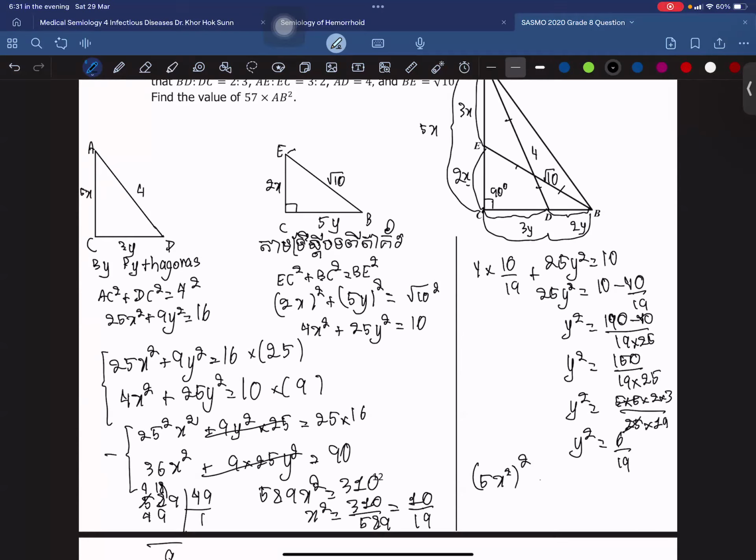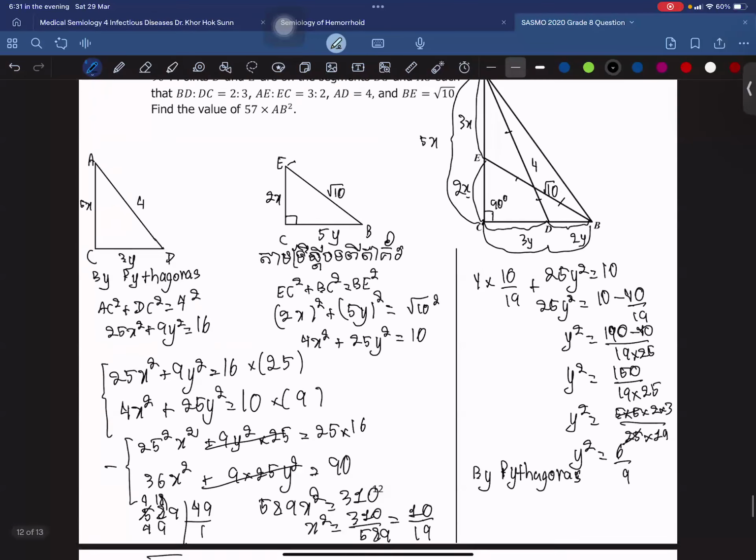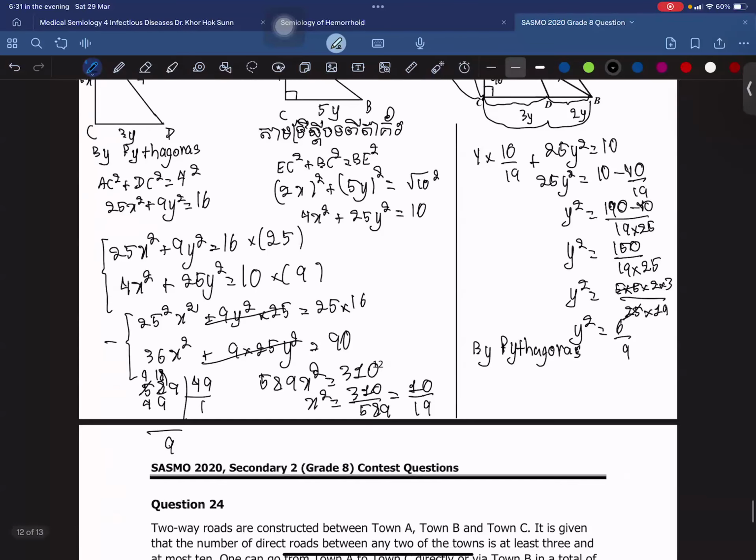According to Pythagoras, AC squared plus BC squared equal to AB squared.